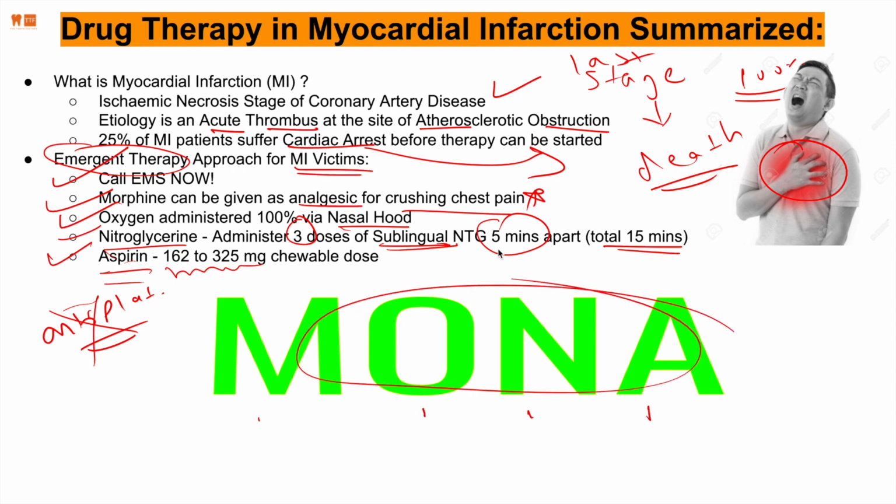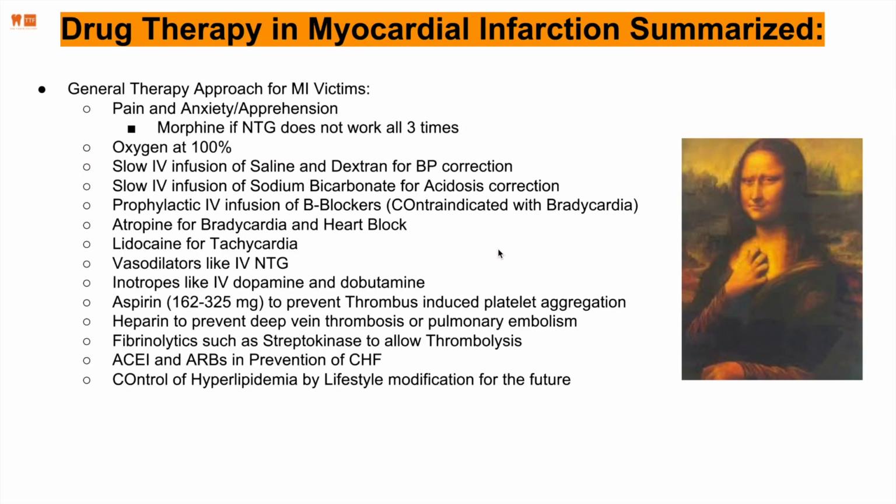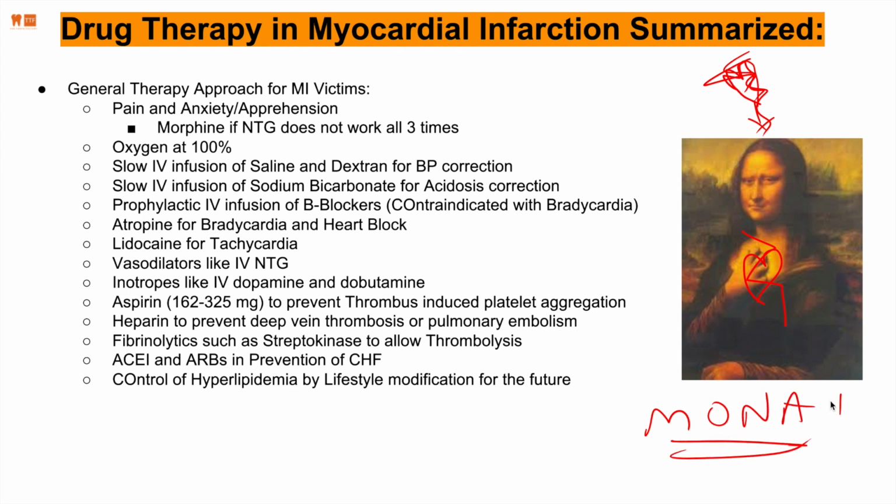If you don't remember MONA, now you will, because Mona Lisa is having a heart attack. Right? Mona Lisa is having a broken heart syndrome, so you will never forget it. Her heart is broken. Mona, Mona. I keep saying this over and over again because this is extremely important, you guys.